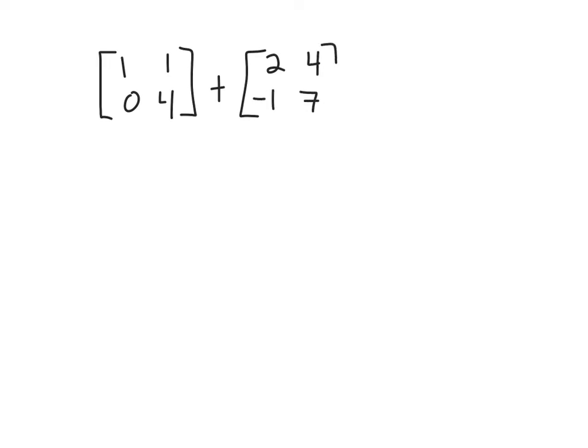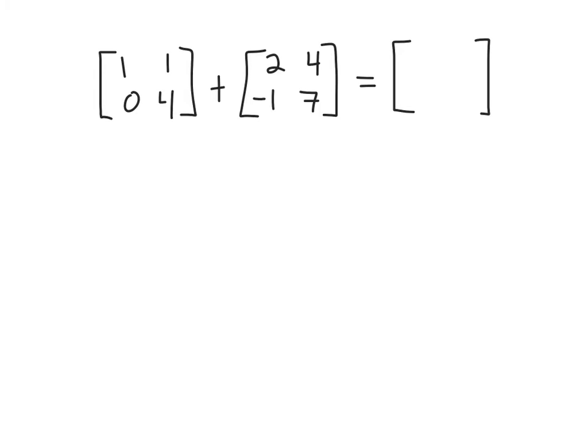So let's talk about how we would add matrices. Let's concentrate on a simple case, 2 by 2 matrices. So 1, 1, 0, 4. Let's say I want to add that to 2, 4, -1, 7. Well, it adds the way that you would expect it to add. This is going to be a 2 by 2 matrix, and I'm just going to simply add the corresponding rows and columns.